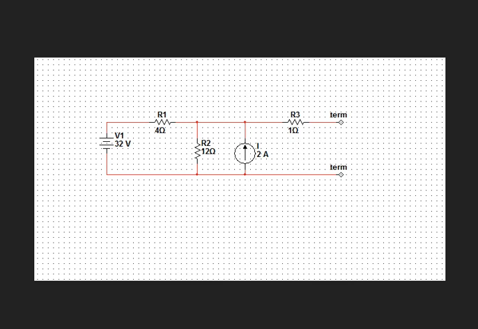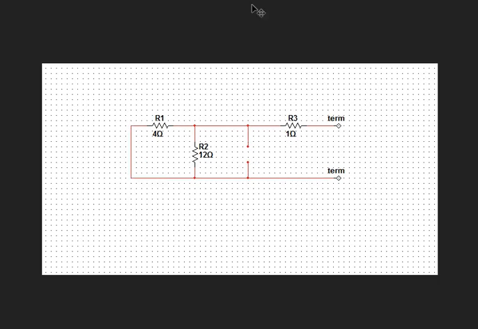So let me give you guys a view of how it would look. This is how it would look when both independent sources are removed from the circuit. As you can see here, it's an open circuit where the current source was, and now a short circuit where the voltage source was.